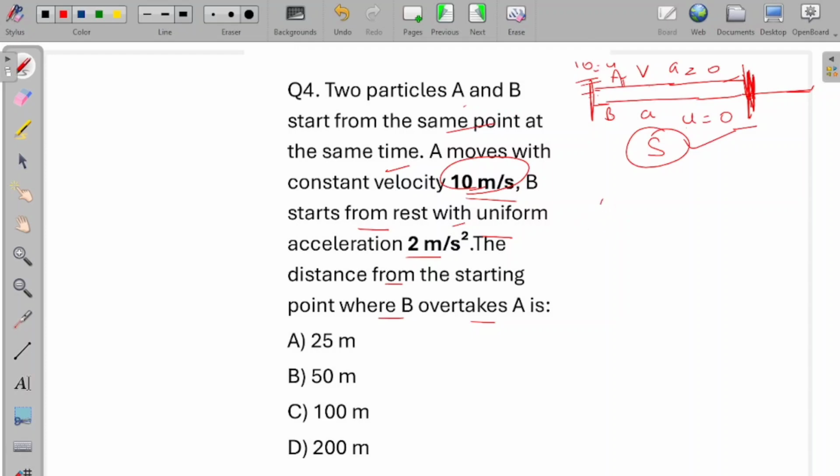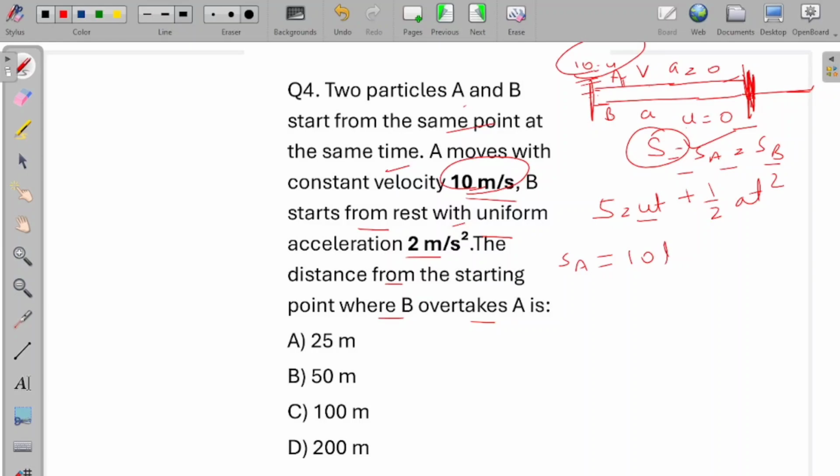So let's use the expression of S is equal to ut plus half at square for A and B. S is same for A and B. We have to keep that in mind. S is same for both, but we will get two different expressions. So S_A, do we have initial velocity of A? Yes, we have initial velocity of A as 10, right?